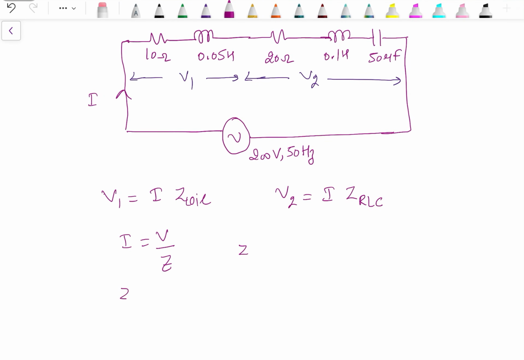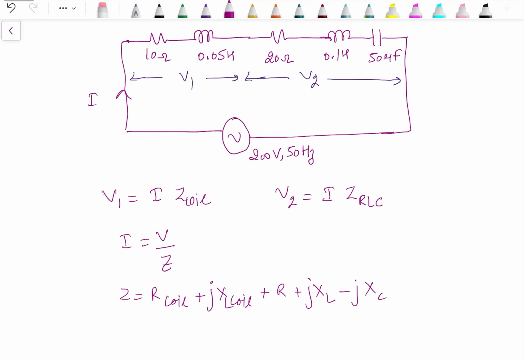Z will be R coil plus j XL coil plus R plus j XL minus j XC.